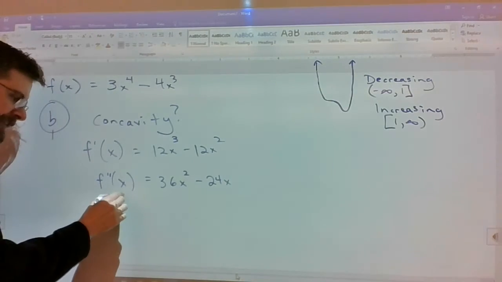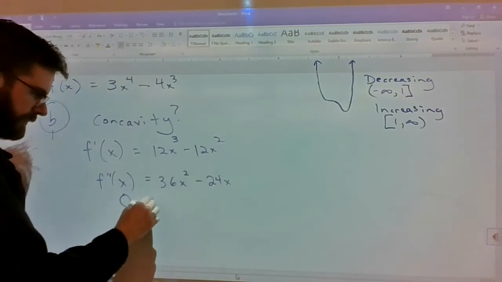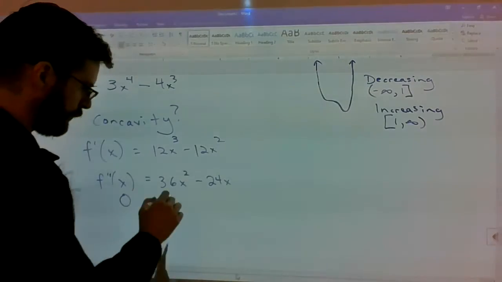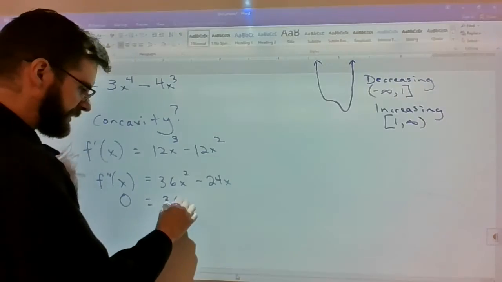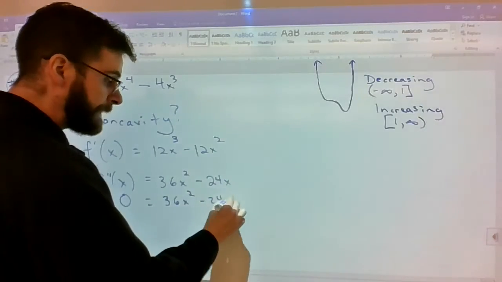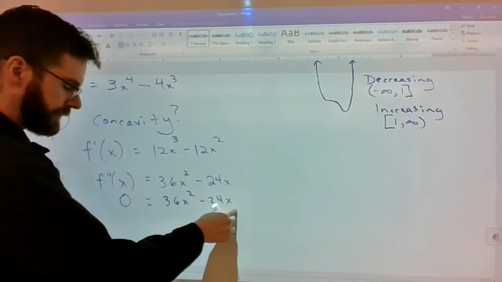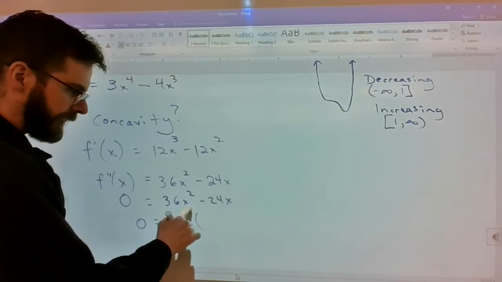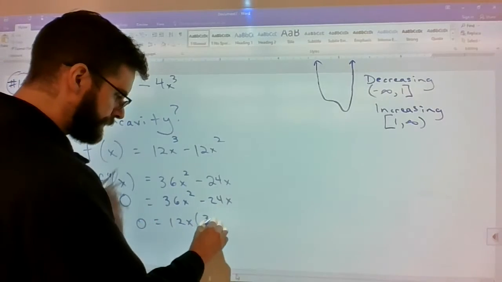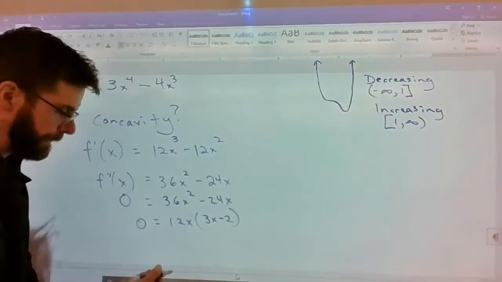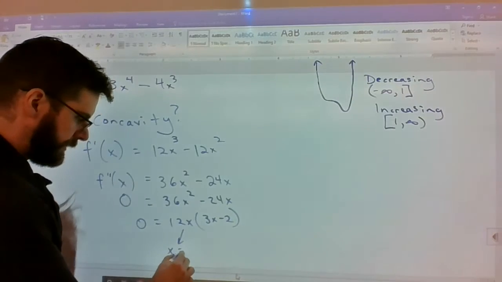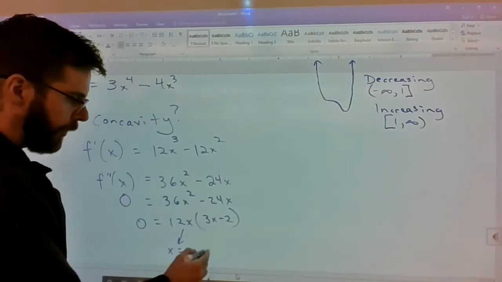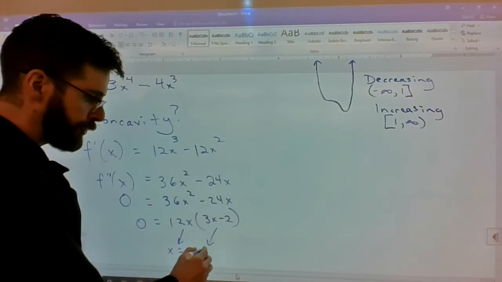All right, and now these zeros are going to tell us potential inflection points. So 36x squared minus 24x, you can factor out a 12x. And that leaves you with 3x minus 2. So the zeros are going to be, again, 0. And this one will be 2/3.